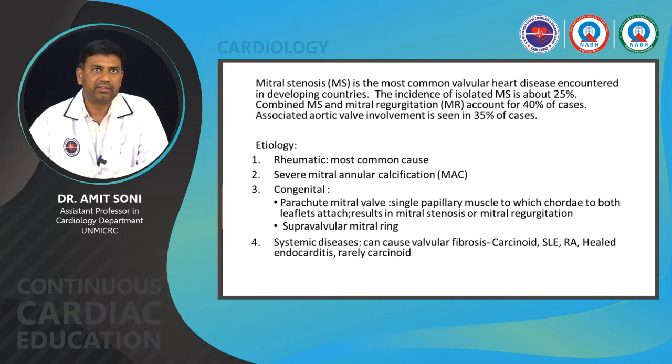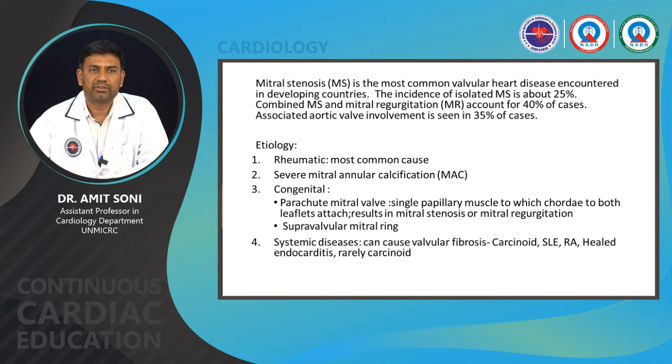So etiology of mitral involvement: rheumatic is most common, as we have discussed, in developing countries, and severe mitral annular calcification is the second most common etiology. Third is congenital, including the parachute mitral valve, single papillary muscle to which the chordae and both leaflets attach, resulting in mitral stenosis or mitral regurgitation, and supravalvular mitral ring.